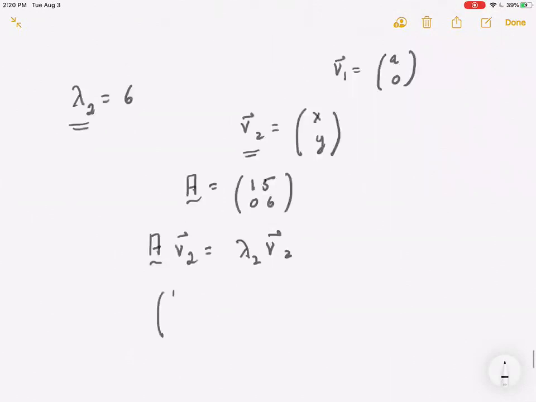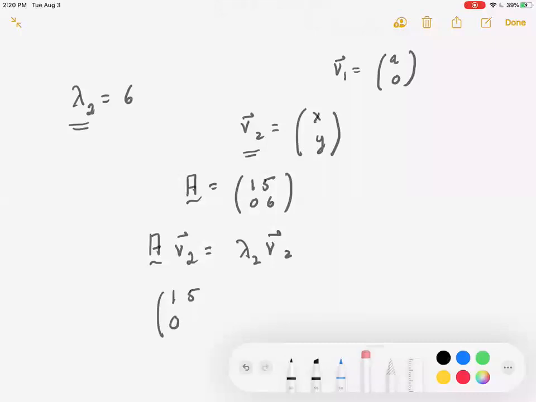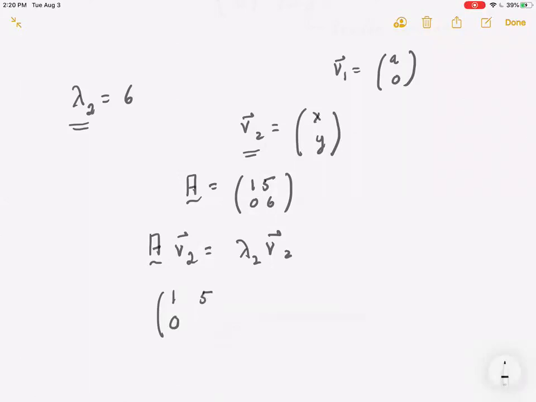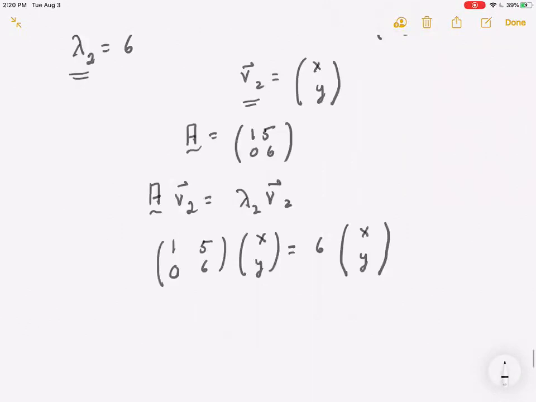And I will get a matrix equation that I need to solve. And my matrix equation here looks like that. So let's expand this out and see what this is telling us. It's telling us that x plus 5y equals 6x, and 6y equals 6y.